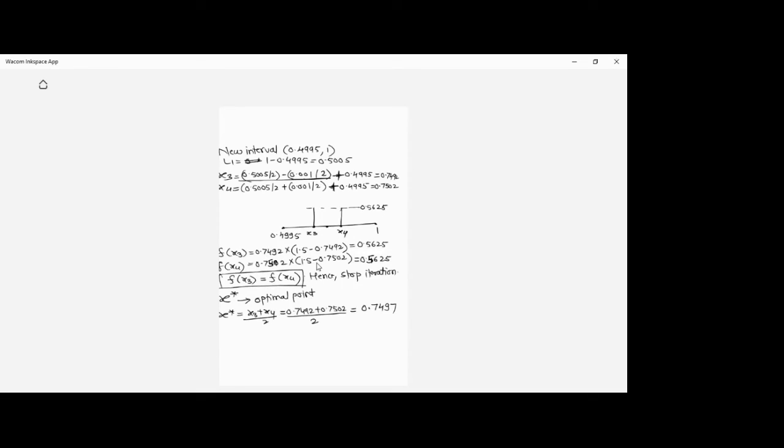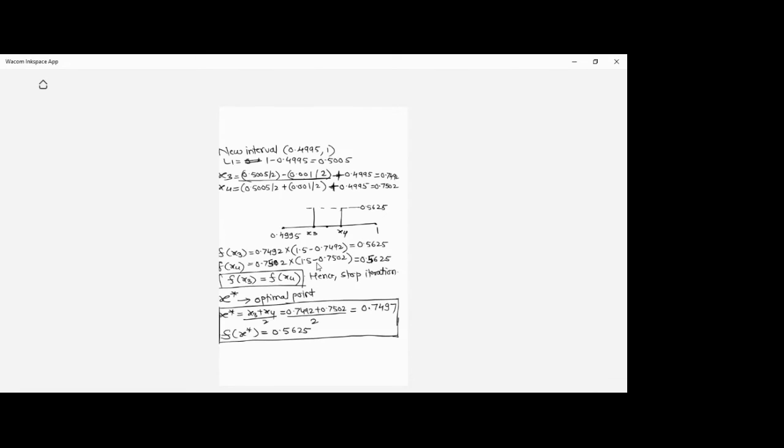Now you also have to give f of x star, which will obviously be 0.5625. So this is your final answer for the numerical that we are seeing with the dichotomous search method, right?